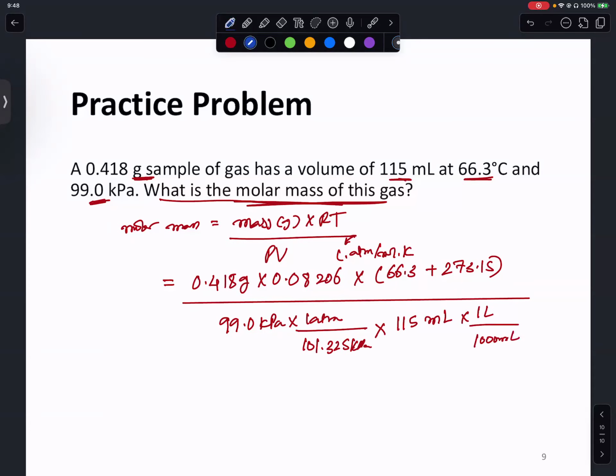And let's track my sig figs. 3 sig figs, 4. I'm going to end up here with 4 sig figs because of the decimal place. And 3 sig figs, 3 sig figs, then my answer should be 3 sig figs. And from this operation, I get about 103.6 grams per mole. And if I'm rounding just to 3 sig figs, this is going to round up to 104 grams per mole.